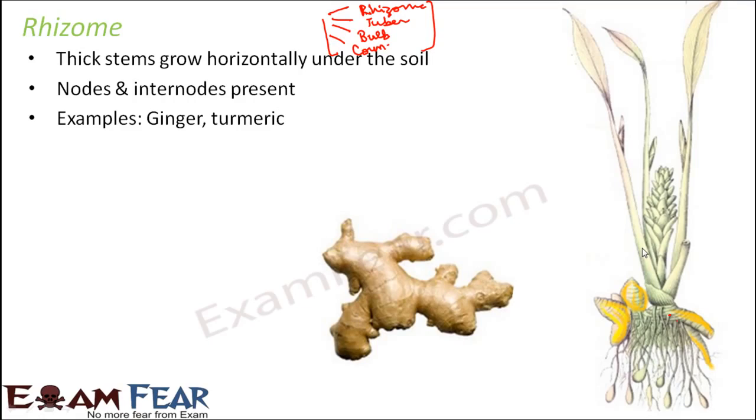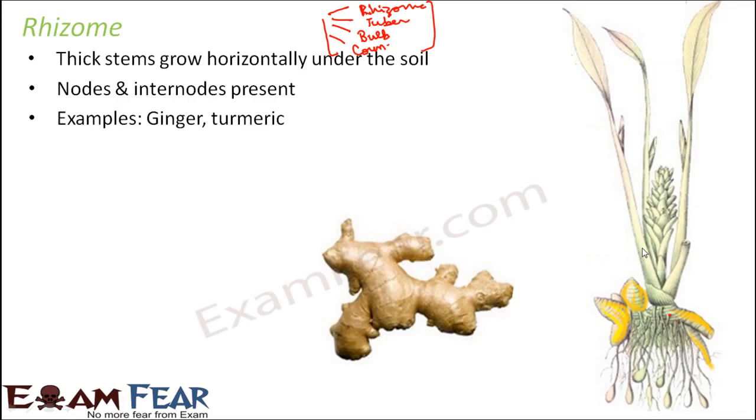Now for these examples, for example ginger or turmeric, they are edible things. We eat them. So which is the edible part? The edible part of ginger or turmeric is nothing but the rhizome, that is the stem. Many people have this misconception that the edible part of ginger is the root, but it is not like that.